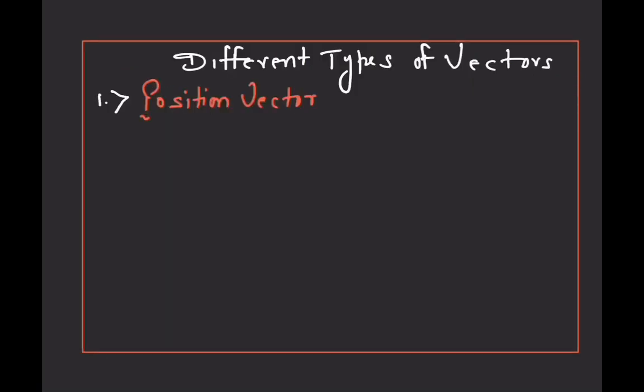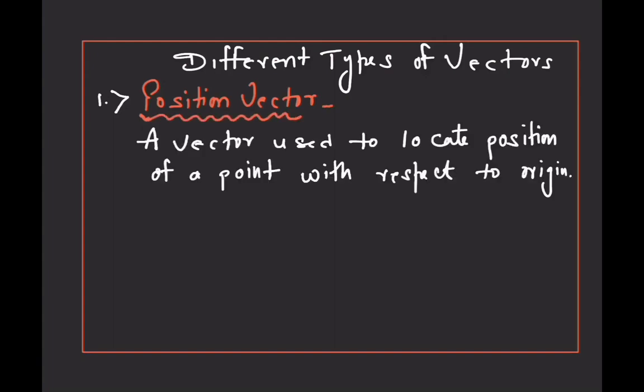Different types of vectors. Position vector: a vector used to locate the position of a point with respect to the origin. Consider a coordinate system.